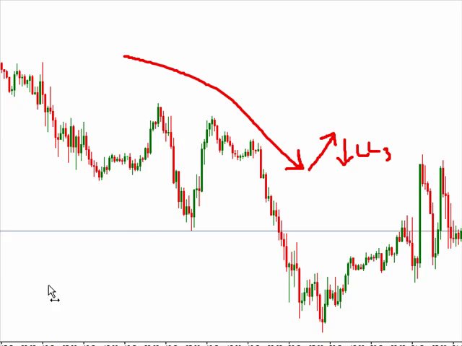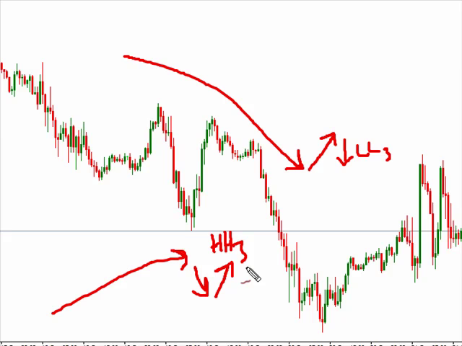Or if it's in an uptrend, and we get it pulling back, we look for it to move above the HH3, or the highest high of the last three. Whatever it is that we're trading doesn't matter. What we're really looking for is that pattern that is set up.